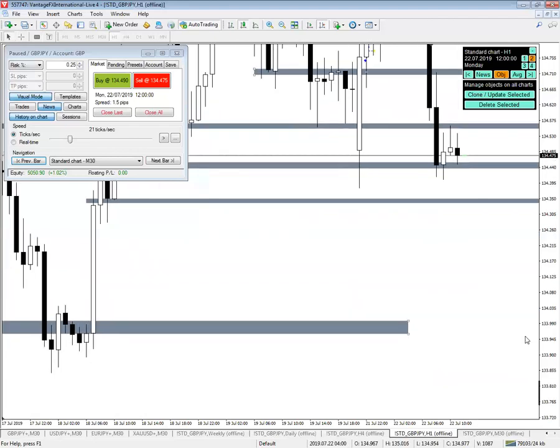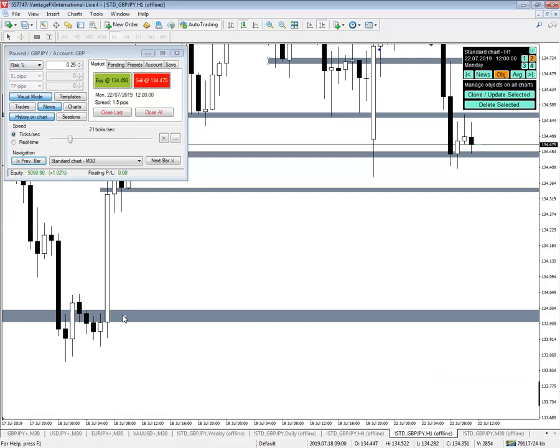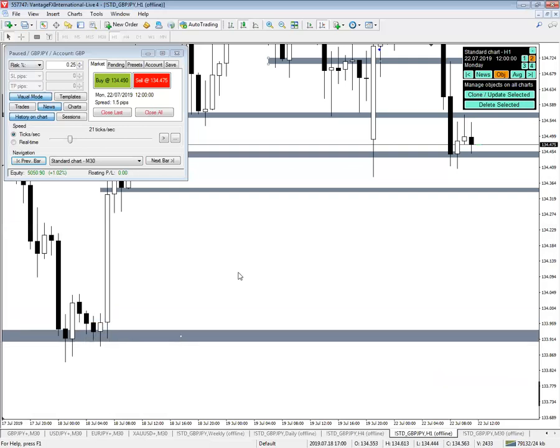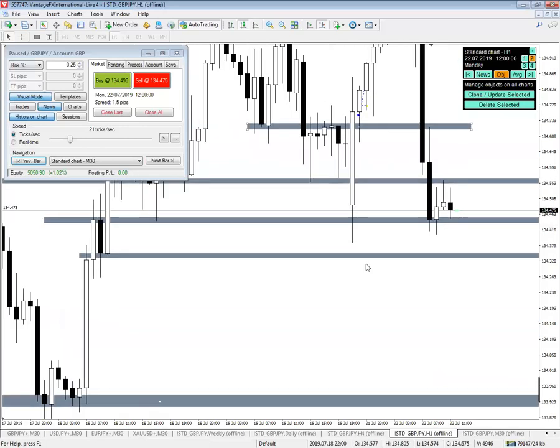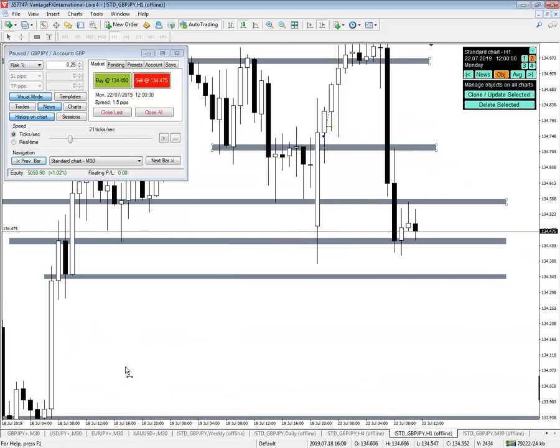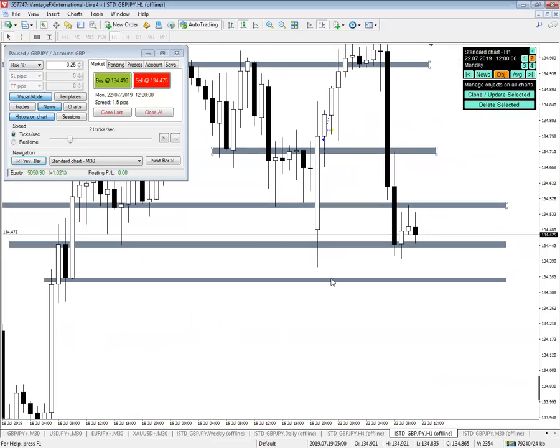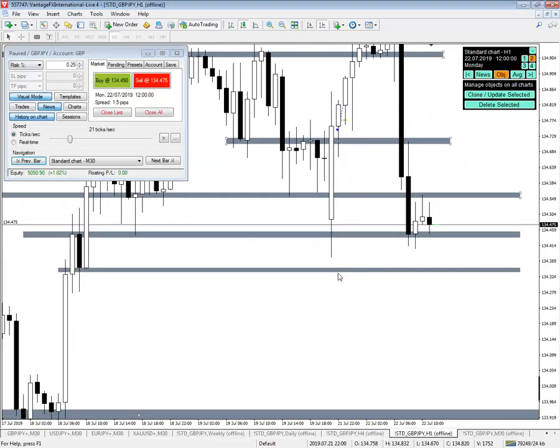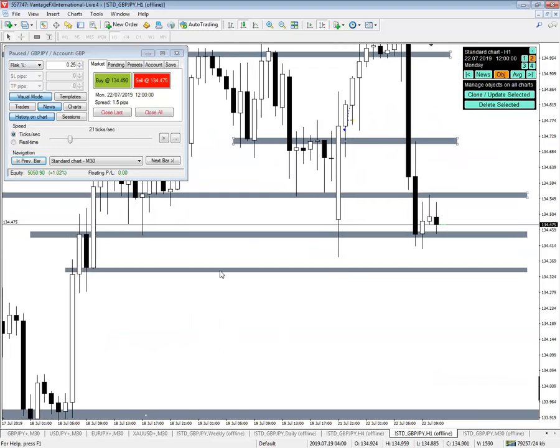But the better range would be once price breaks below the support at 134,350, because then we have a nice clean candle coming down to 133,900, which is like a 40 pip range. So that's definitely going to be a much better trade idea. But let's go down to the 30-minute.